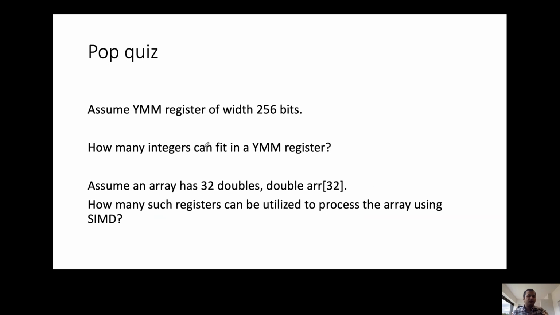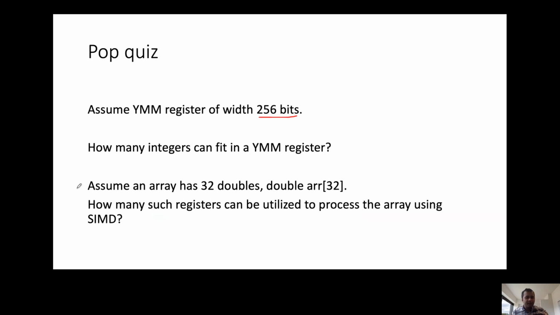All right. So another question, another pop quiz. Assume a YMM register. This is the SIMD wide register with 256 bits. How many integers can fit in a YMM register? We can solve that by dividing 256 bits by 32.